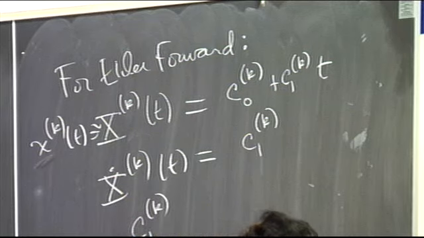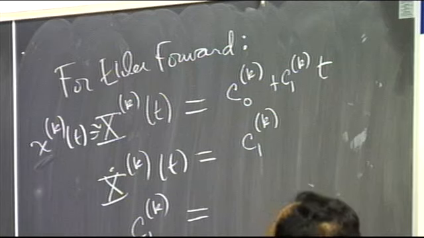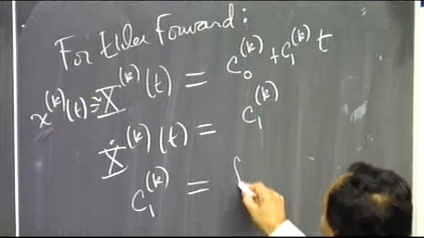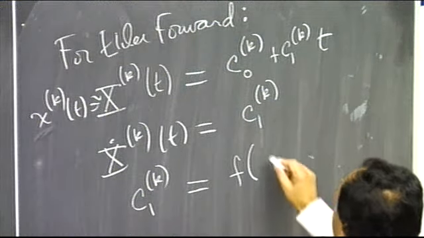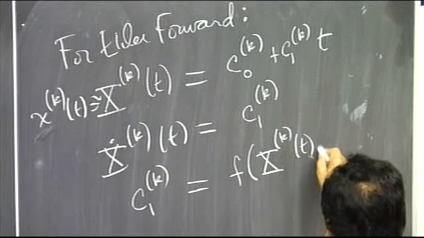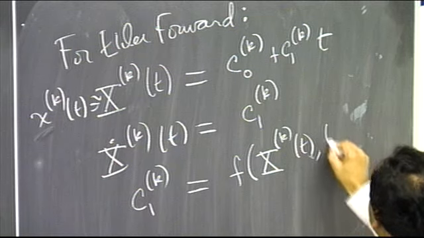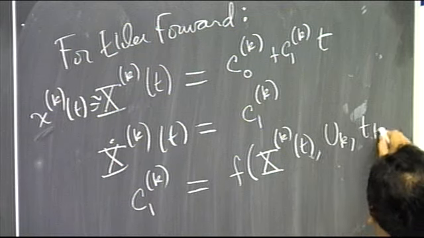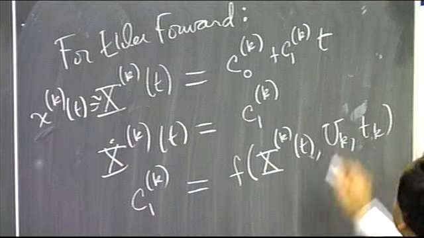So now what I say is C1k, which is my derivative approximation, is going to equal f of, well, I've got to stick in x k of t and u k and t k. Well, u k is my approximation of the control.